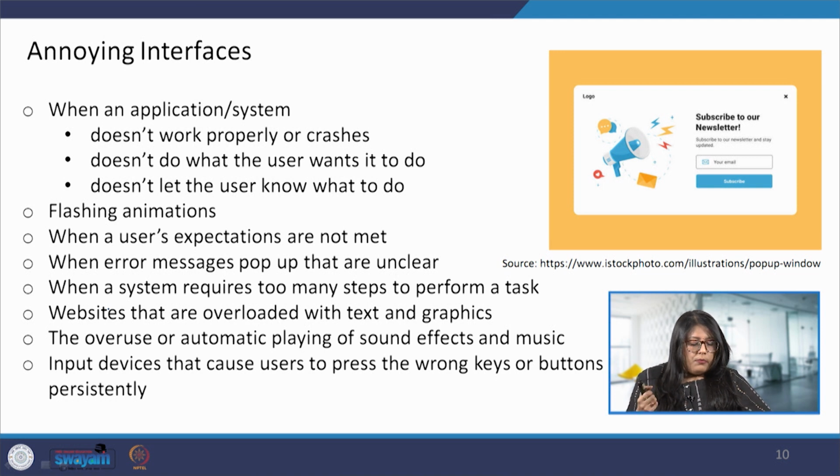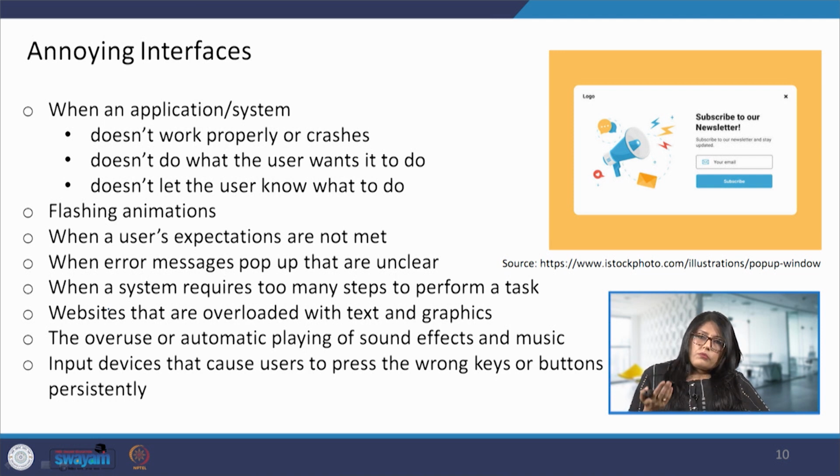At the same time, there are websites that have too much text and graphics. Text and graphics of course can help the user navigate and understand, and get information, but when there is too much of it, it can act as clutter rather than as a design feature.